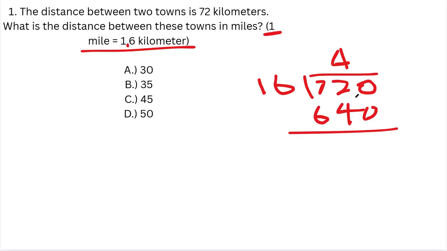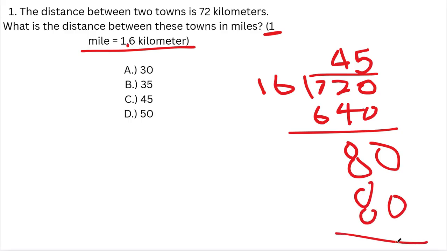So subtract these numbers, 720 minus 640, which will give you 80. The next step is solving this out. How many times does 16 go into 80? And the answer to that is 5. So we got a whole number of 45 as our answer, which is C.